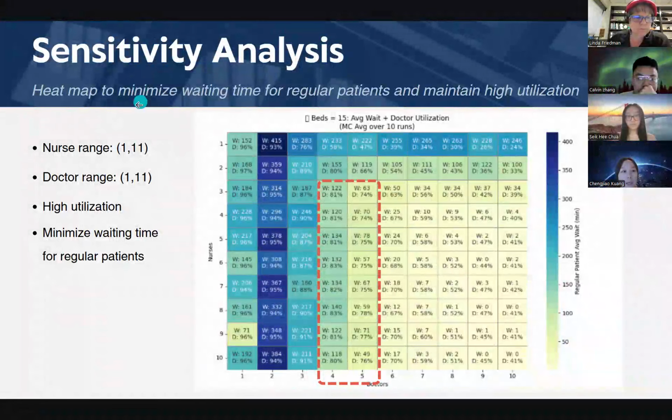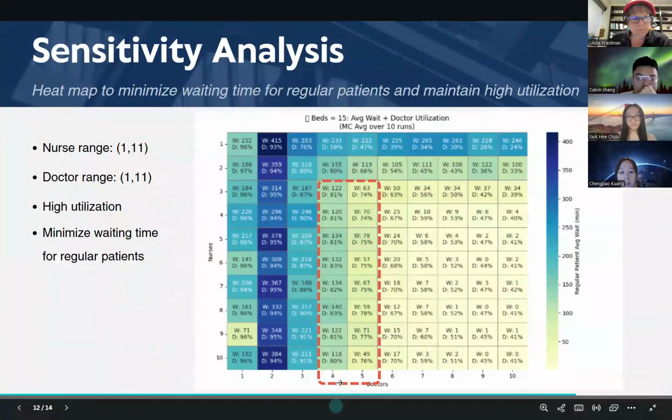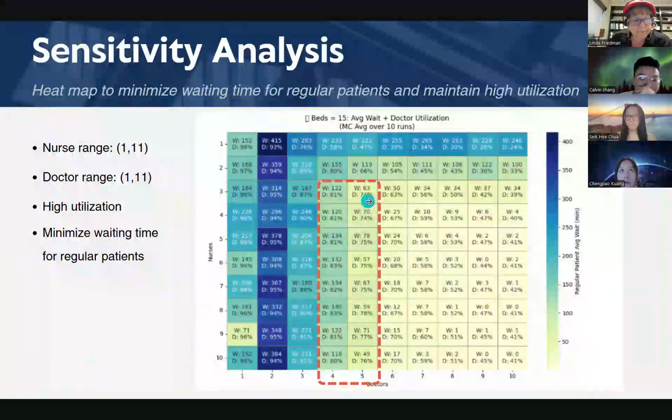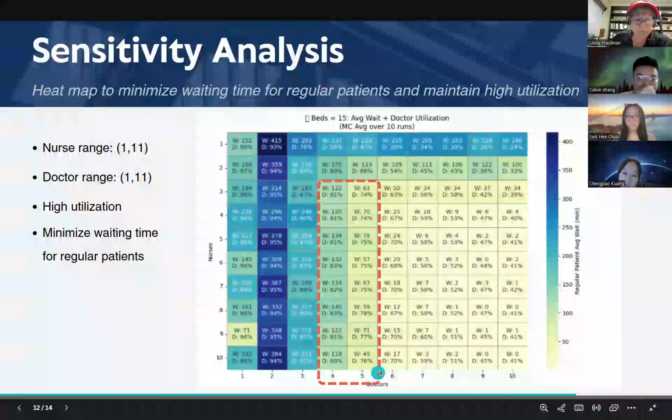So we actually increased the range for the doctors and the nurses to see if that's possible. Here we can see that just by adding 1 additional doctor for each shift, the total waiting time for regular patients reduced significantly from around 2 hours to just slightly over 1 hour. So it is really the hospital's decision whether they want to add 1 doctor during peak hours.